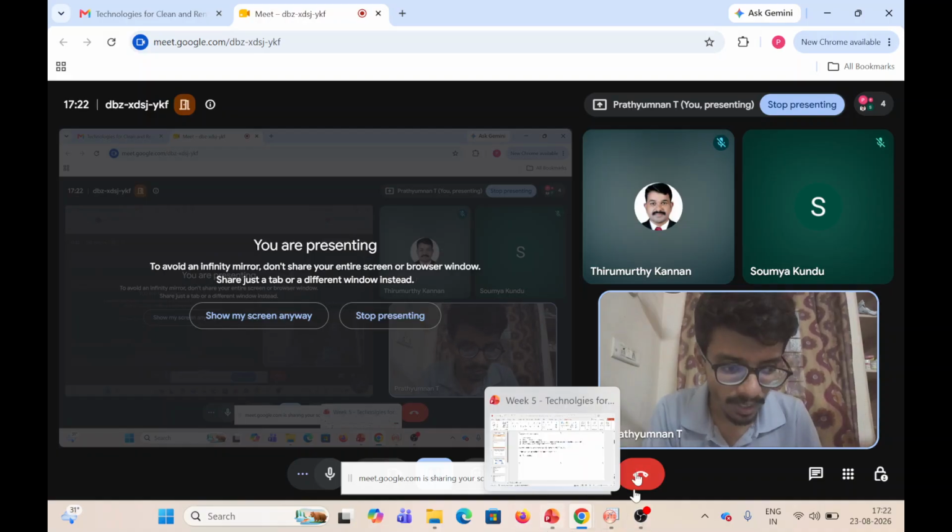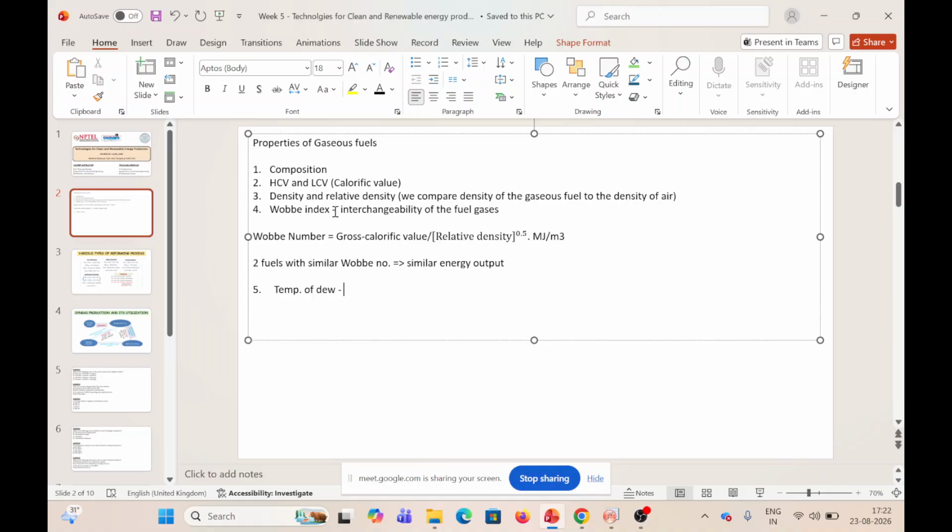It is basically the amount of moisture that is going to be in your air. So in a weather forecast, the word dew typically refers to the measured water content. Similarly, in the case of gaseous fuel, the word dew means the temperature.